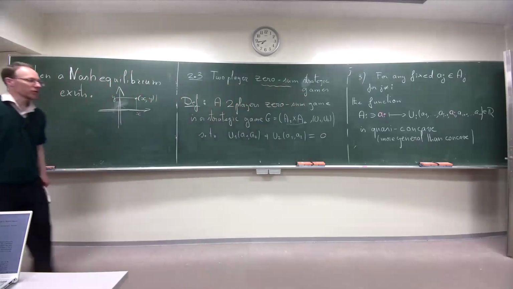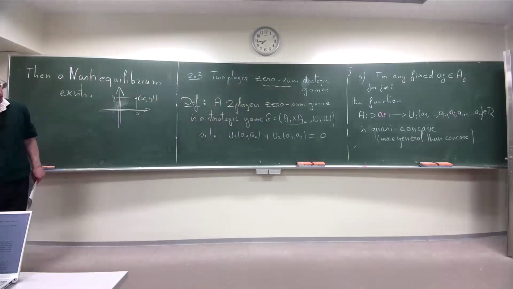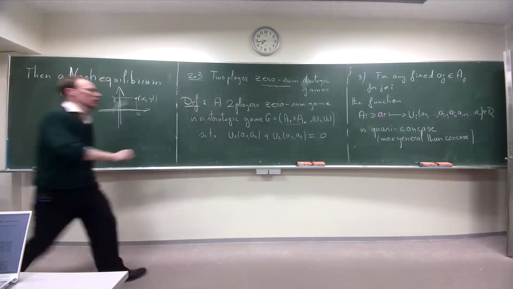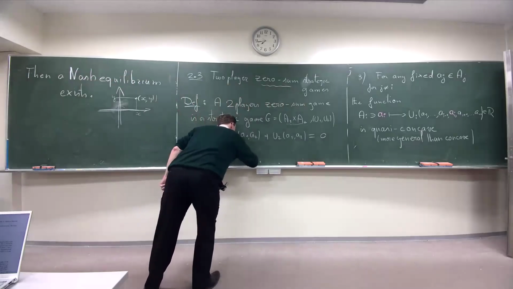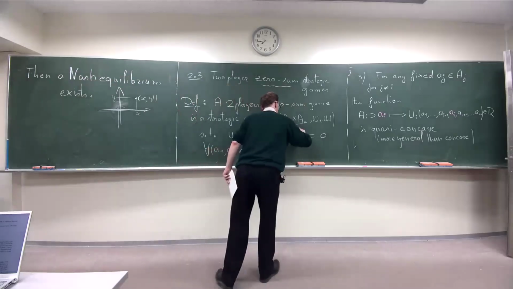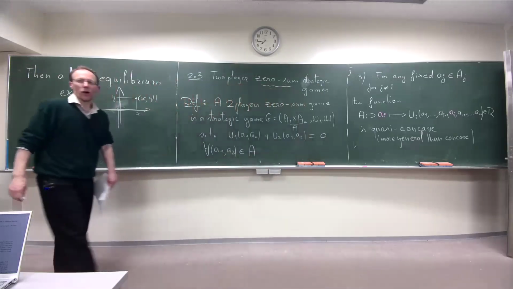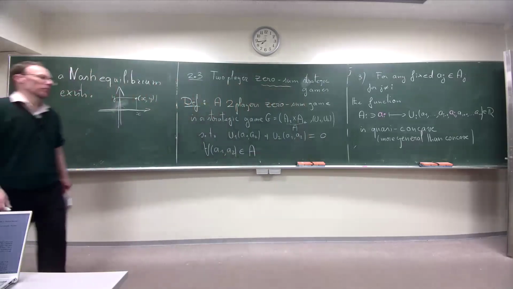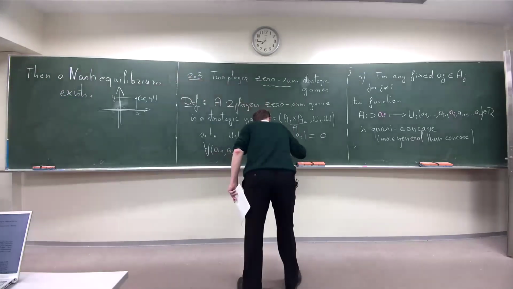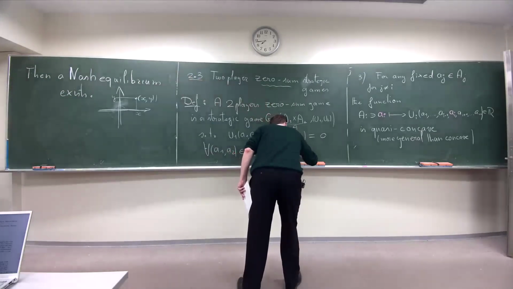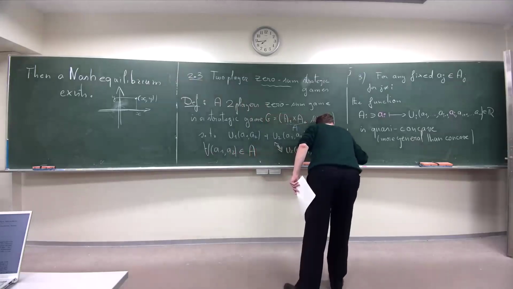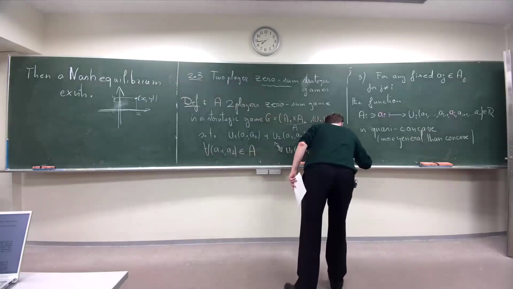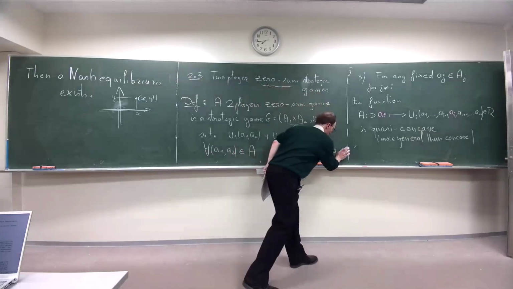So the sum of the utility function U1 and the utility function U2 is 0 for any A1, A2 inside the set A. This is why it's called zero-sum. And please observe that clearly this is equivalent to U2 of A1, A2 is minus U1 of A1, A2.